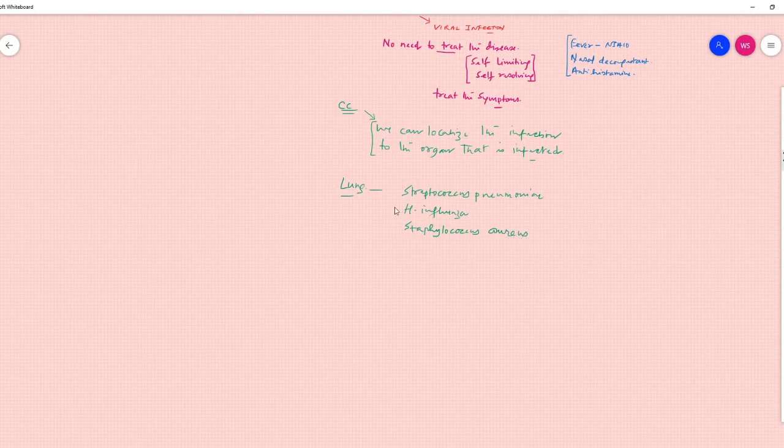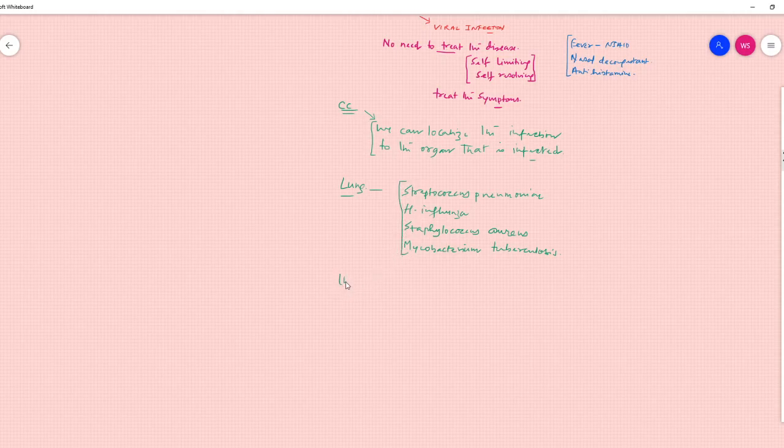Or maybe the patient says, I'm having this cough for the past 2 months, then we could suspect that it's a chronic infection, in which case we would be suspecting Mycobacterium tuberculosis. Okay.